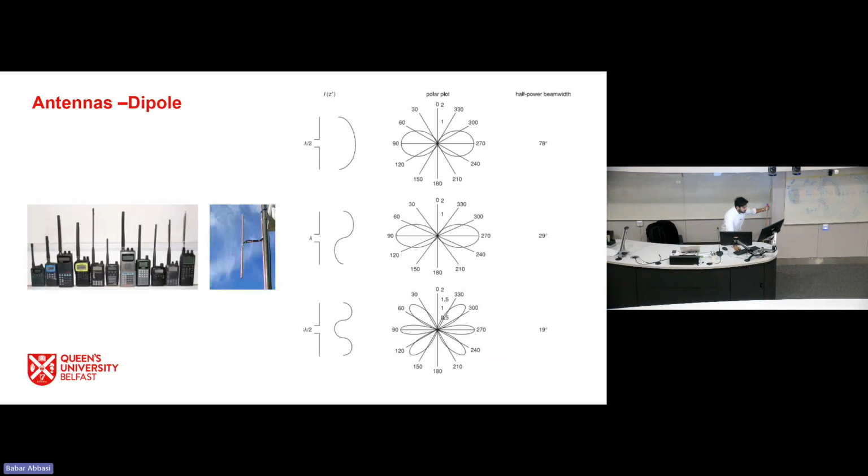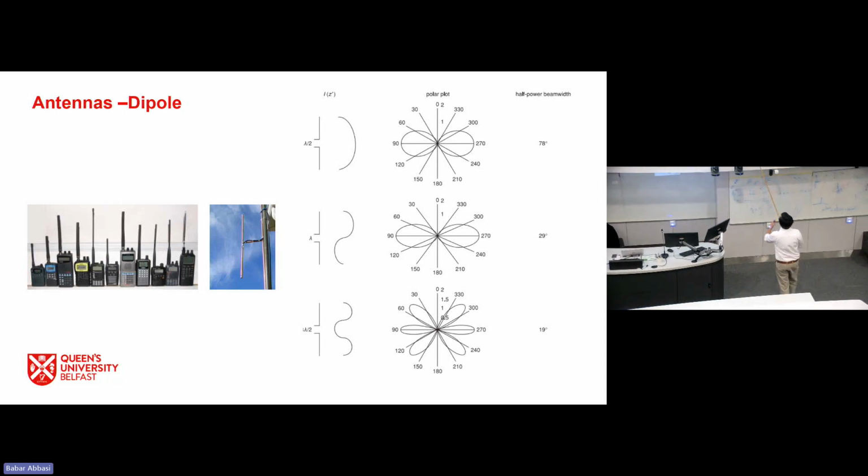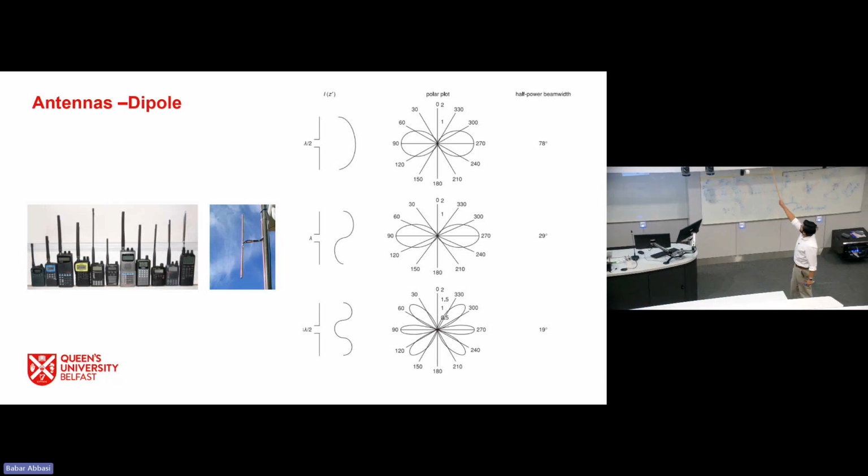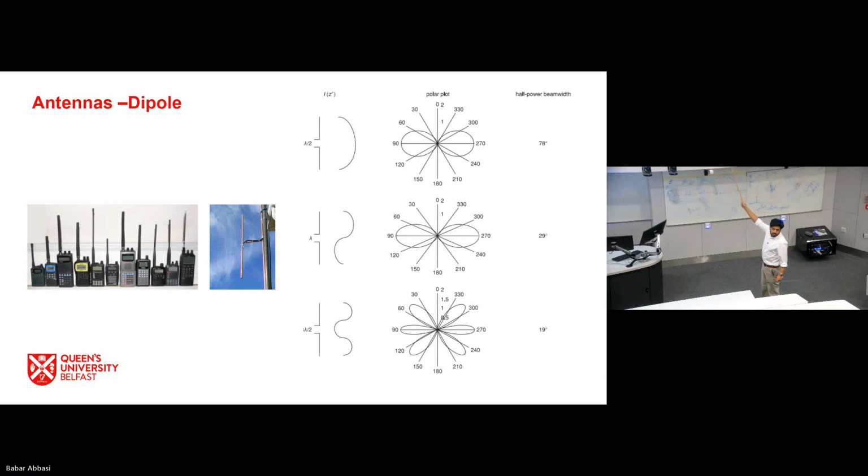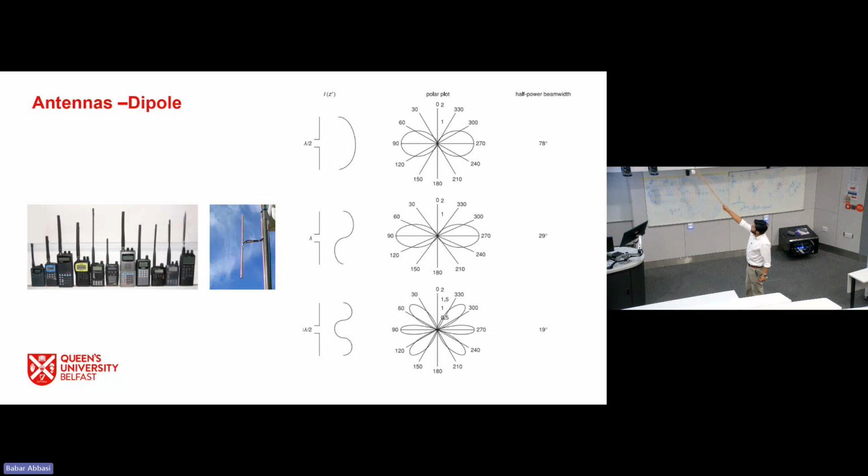A few examples. You might have seen these antennas before. If the antenna length is lambda by 2, its radiation pattern will look something like this. And it's a practical antenna. It's actually used in day-to-day life. Its half power beamwidth is approximately 78 degrees.